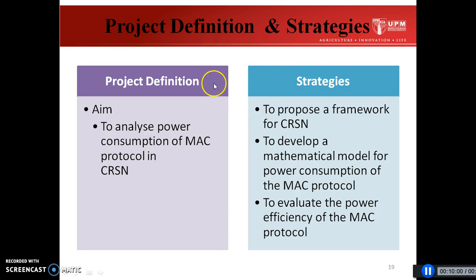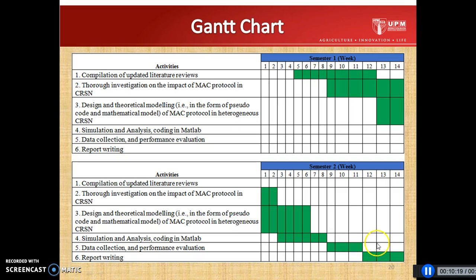The definition is aimed to analyze the power consumption of the MAC protocol in CRSN, and the strategy, you can see, is to propose the framework for CRSN, to develop a mathematical model for the power consumption part of the MAC protocol, and to evaluate the power efficiency of the MAC protocol. And this is my Gantt chart for the first and second semester. You can see over here.